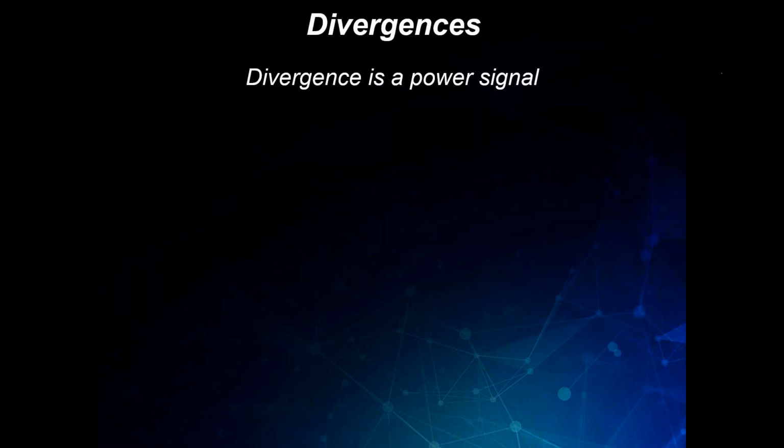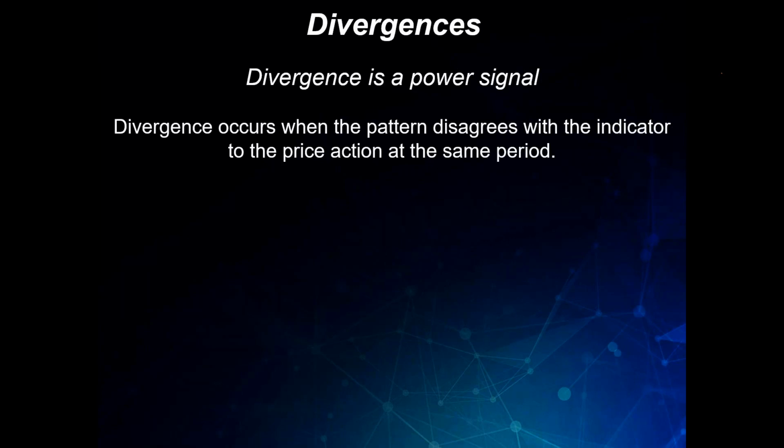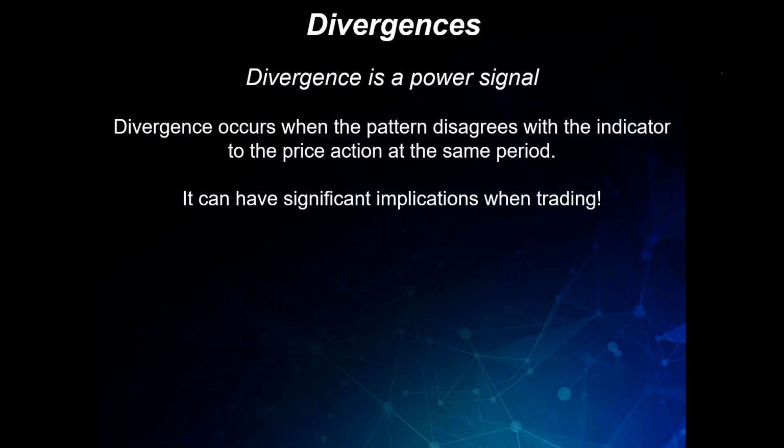A little bit on divergence. As I mentioned, divergence is a powerful tool. Divergence occurs when the pattern disagrees with the indicator to the price action at the same period. It can be significant to your trading, and also significant if you need to get out at the right time.